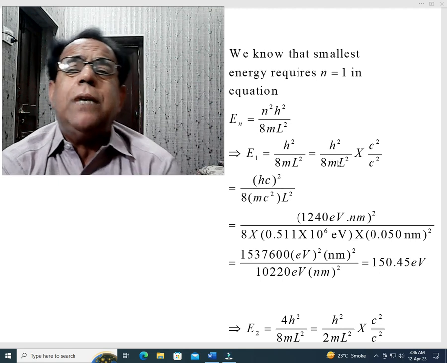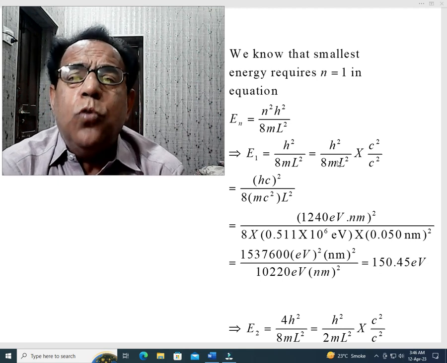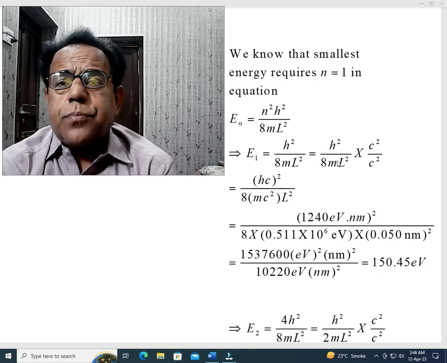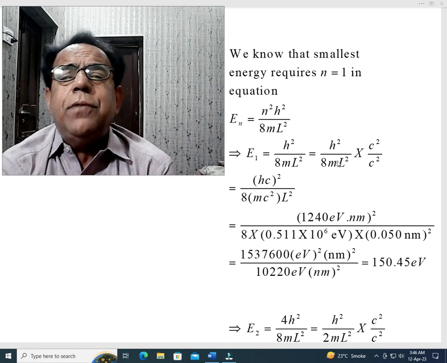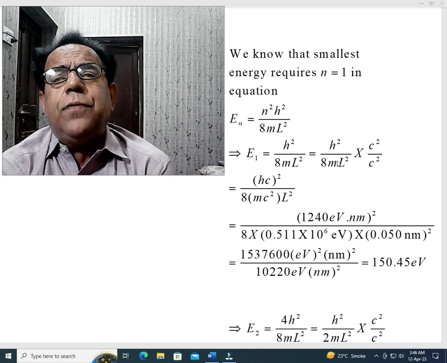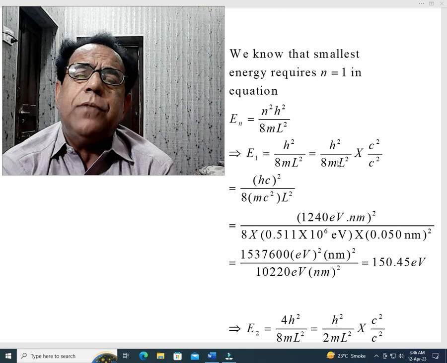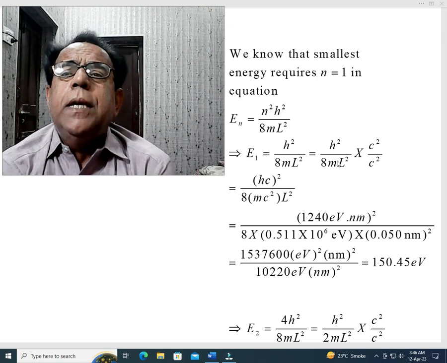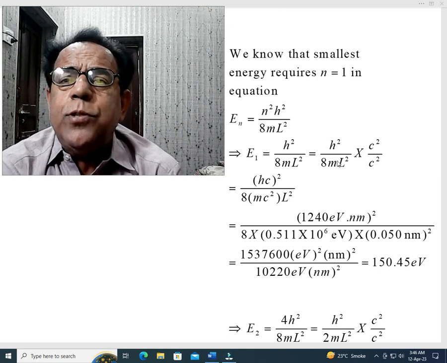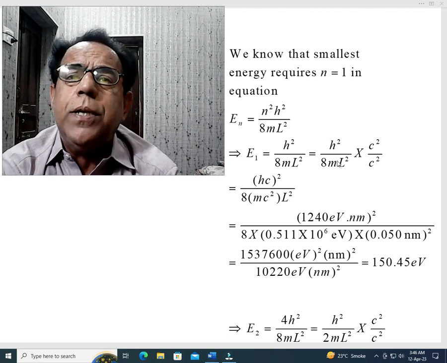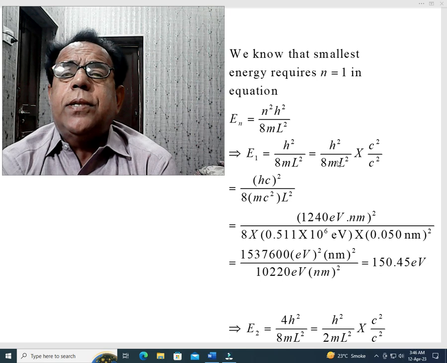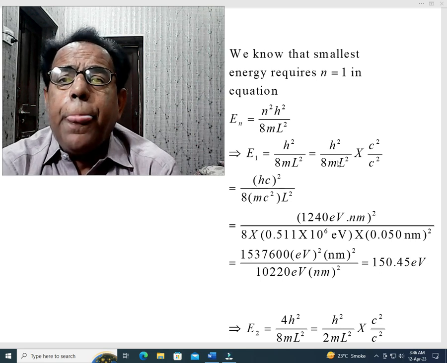Here we have written it as 0.511 into 10 to power 6 electron volt multiplied by 0.050 nanometer whole square, which is given in the statement, the width of the box.